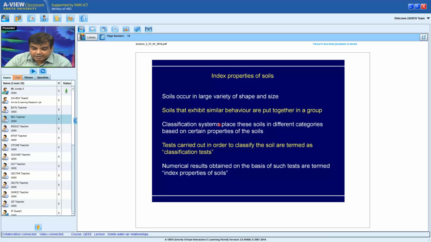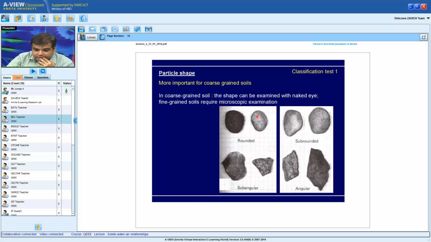Many a time, when we do any division of soil, we either follow IS classification or AASHTO. The USCS classification is very similar to IS, and I repeat, I request the instructor at your various colleges to do this at your end. So let's look at the very first one.